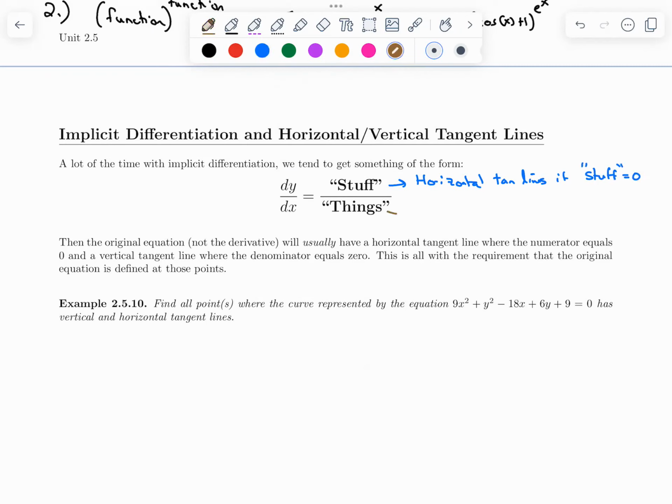And then if the denominator, if the things are equal to 0, that would mean we're dividing by 0. And what we've learned is that means you have an undefined slope, right? If you have a finite rise over a run of zero, that's an undefined slope. When you're doing the rise over the run, if you have some number up top, but you don't go anywhere, that's going to give you a vertical line.